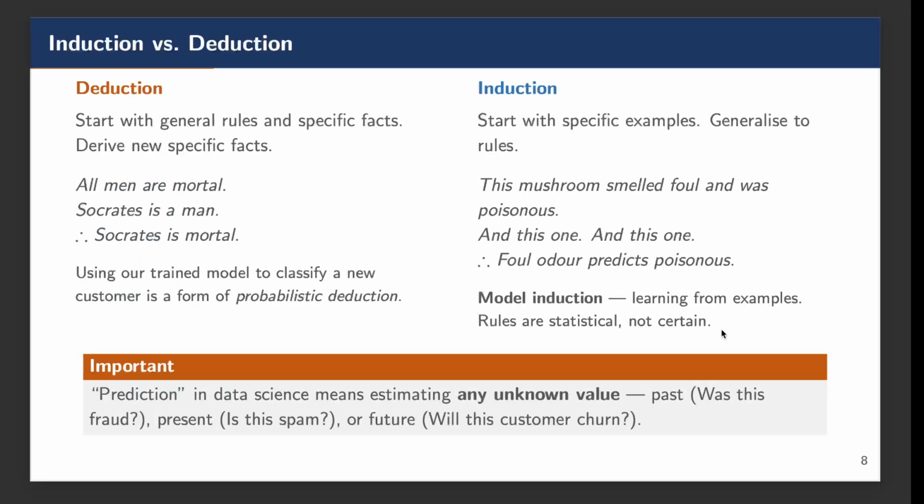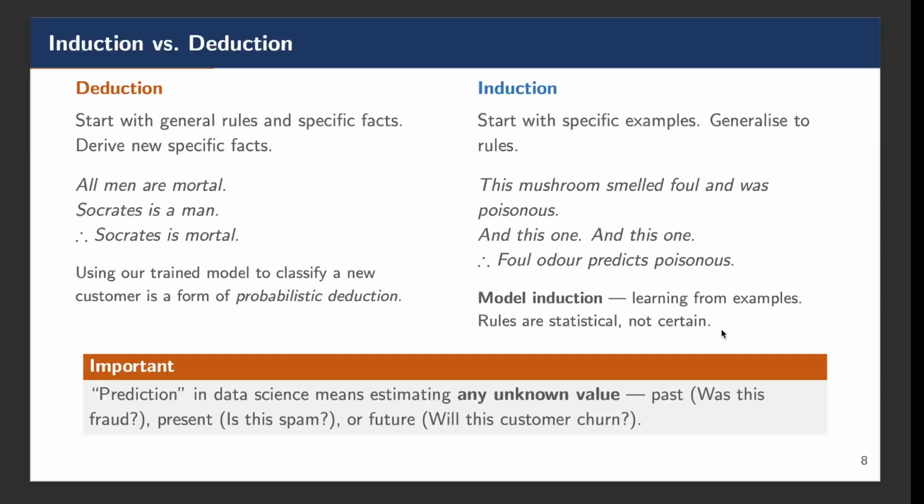And now we want to differentiate between induction and deduction. Deduction starts with general rules to derive specific facts, like all men are mortal. Socrates is a man, therefore Socrates is mortal. So that is deduction. Induction, on the other hand, works the opposite way. It starts with specific examples and then generalizes them into rules.